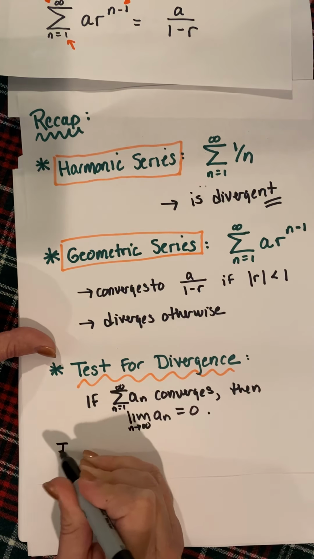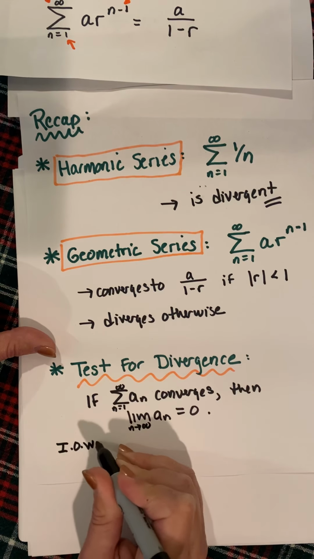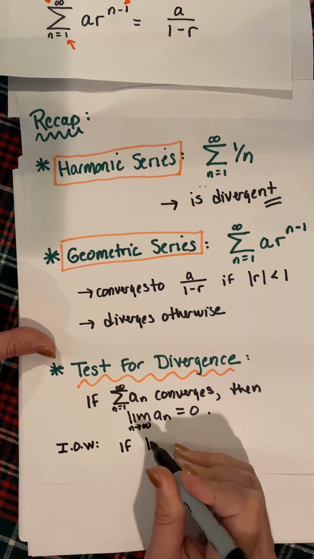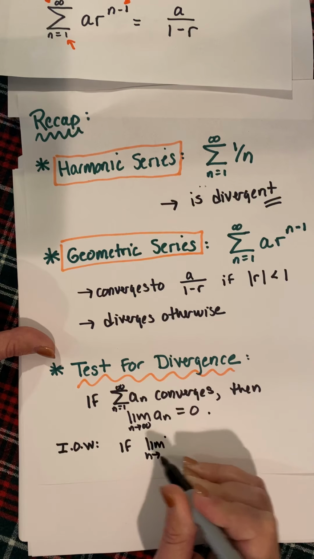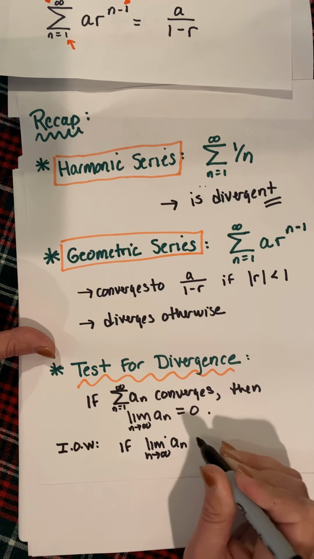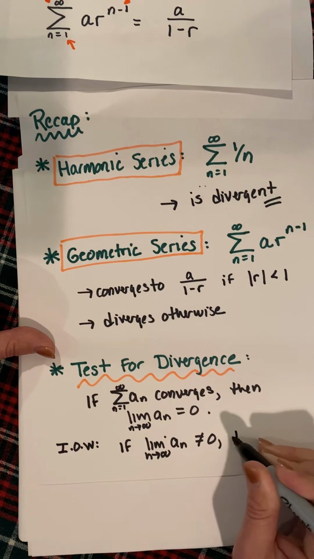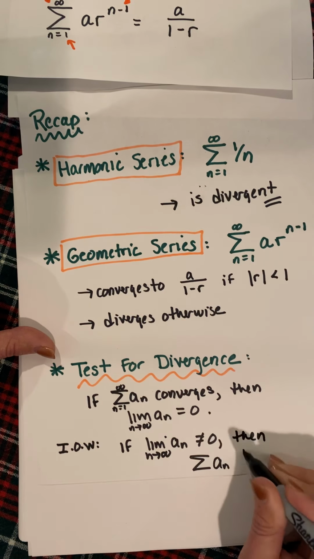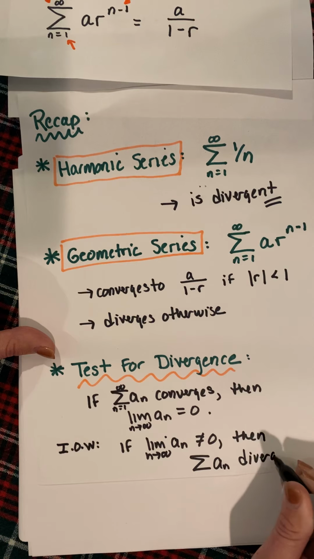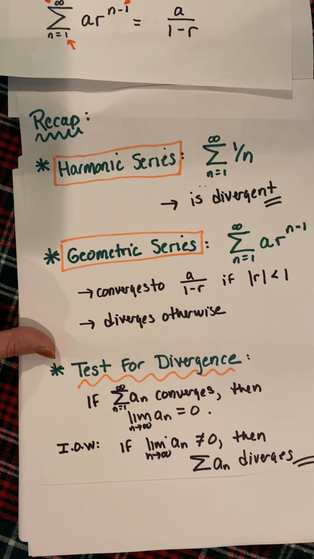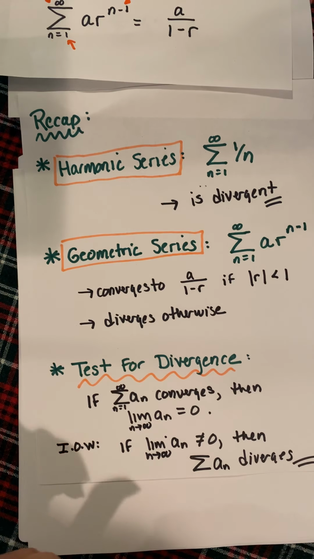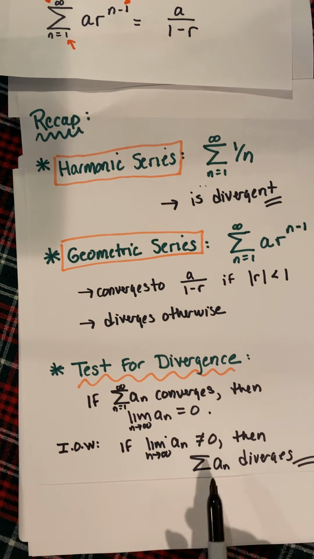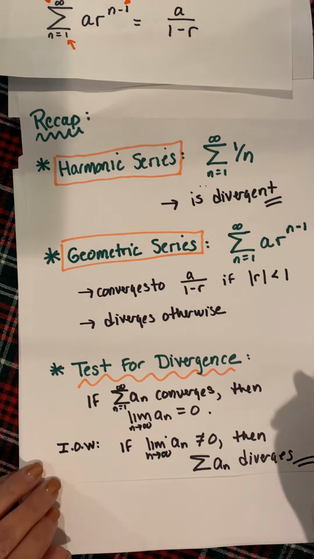In other words, if the limit of the corresponding sequence does not equal 0, then the series diverges. If the limit equals 0, then the test for divergence is inconclusive.